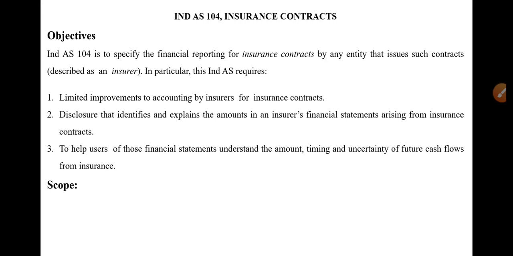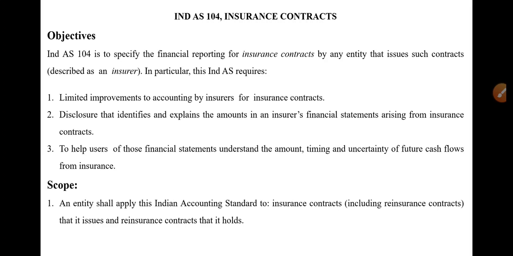Next we'll go to the scope of Ind-AS 104. What is the scope of this standard? Firstly, it is applicable to insurance contracts, including reinsurance contracts that it issues and reinsurance contracts that it holds.